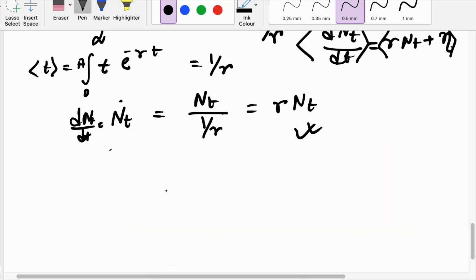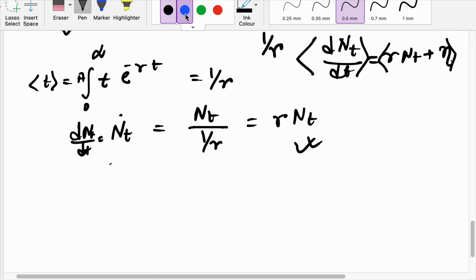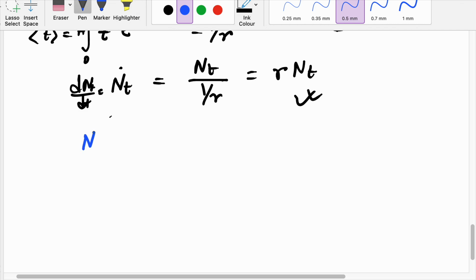If you analyze this equation, you will get the solution like this, that Nt will be N0 e to the power rt. You will see as t goes to infinity, the number of individuals in a population will also increase to infinity.